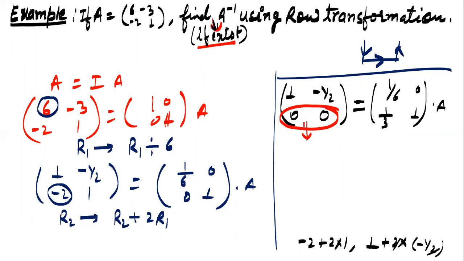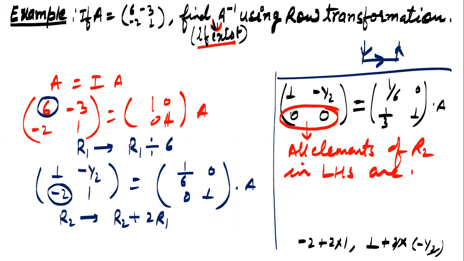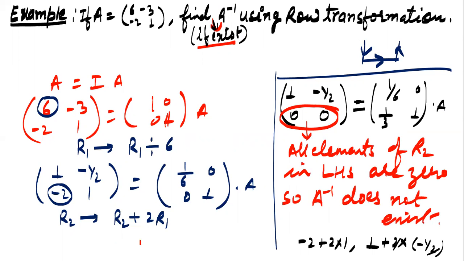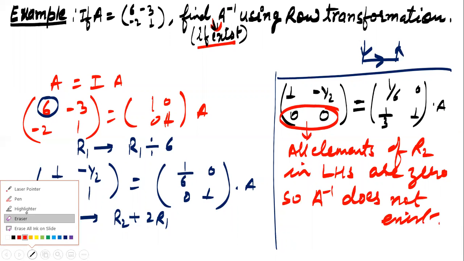And here we can say all elements of R2 in LHS are 0. So A inverse does not exist. So this is the case when the inverse does not exist.